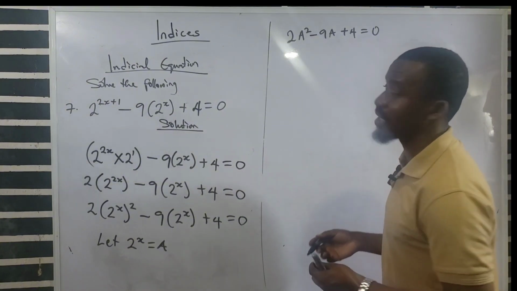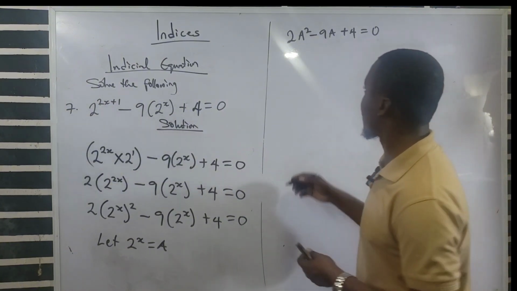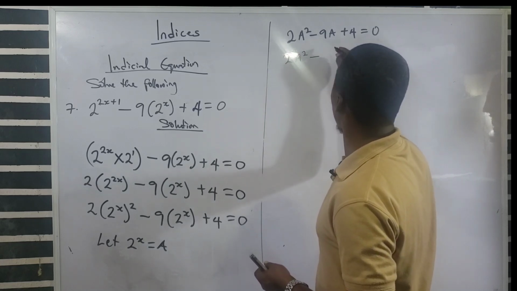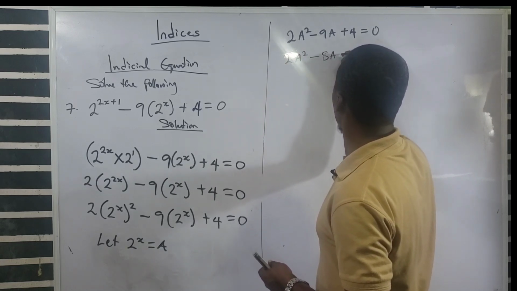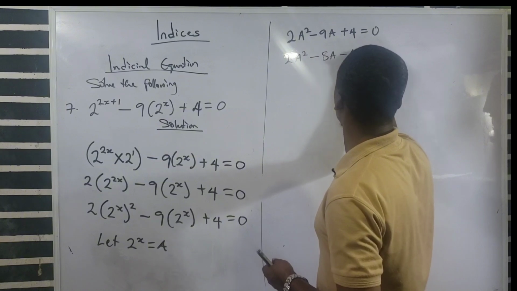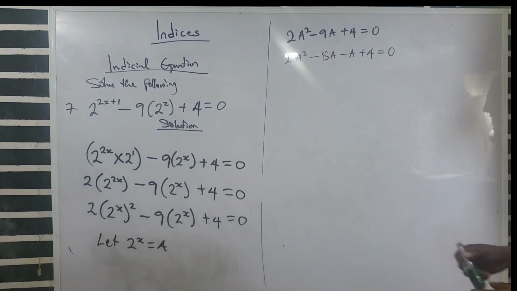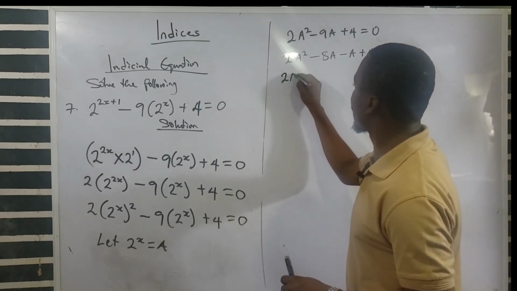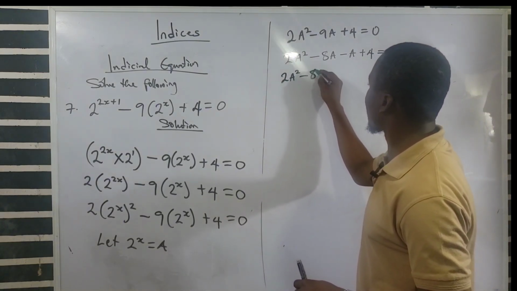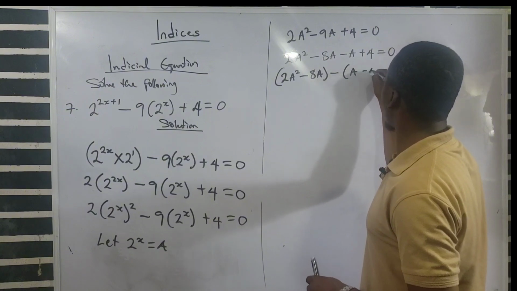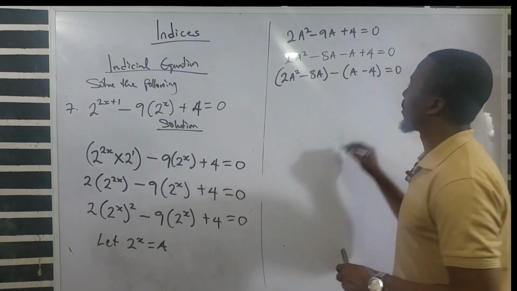I think it's factorizable, so let us solve it using the factorization method. So that will give us 2a squared minus 8a minus a plus 4 equal to 0.